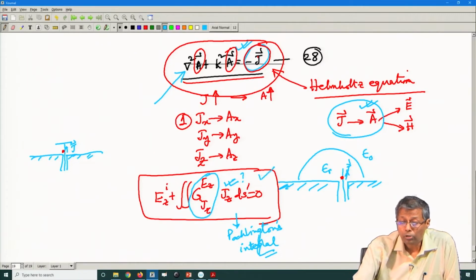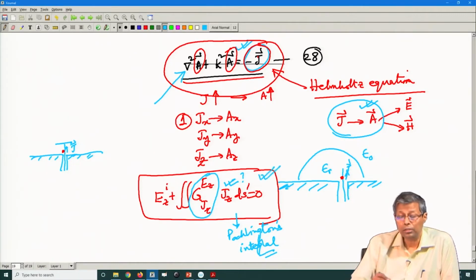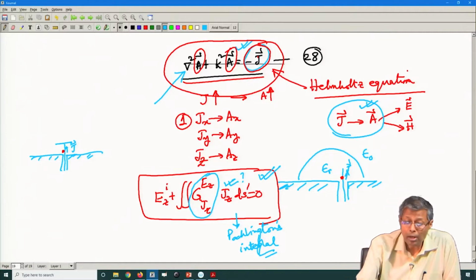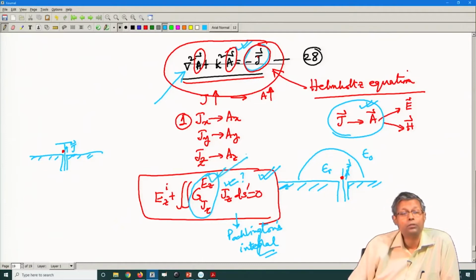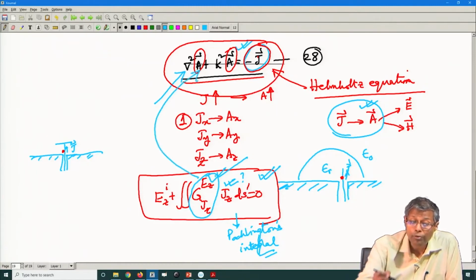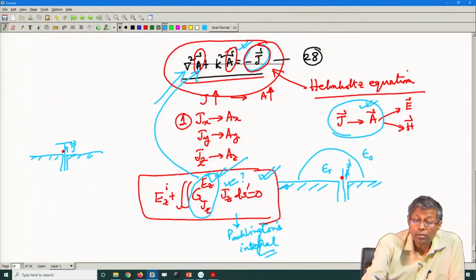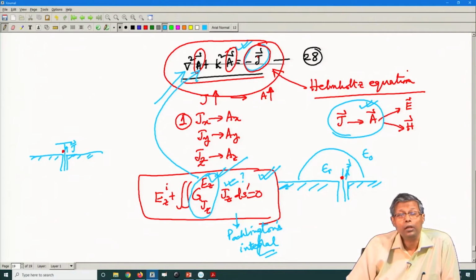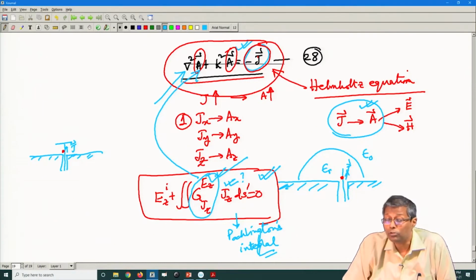This is not a major problem, because we can easily find out the value of J z through the method of moments. The main problem is finding out the value of A, because once the value of A is found out, we can find out all the electric and magnetic fields, which we will soon see.